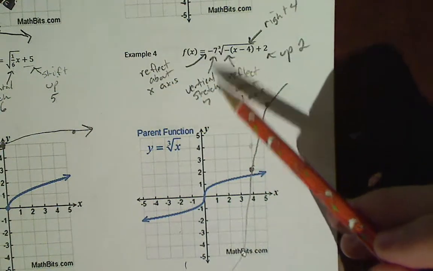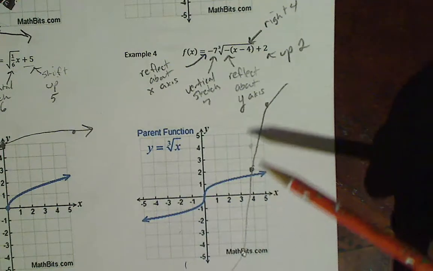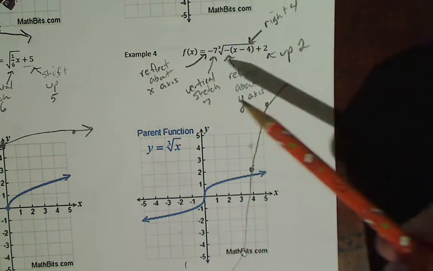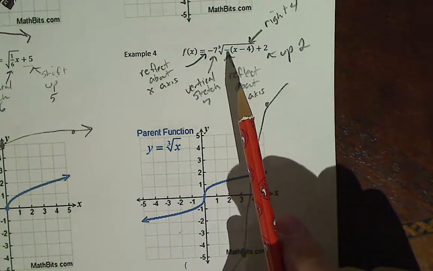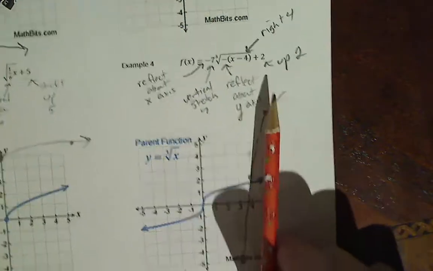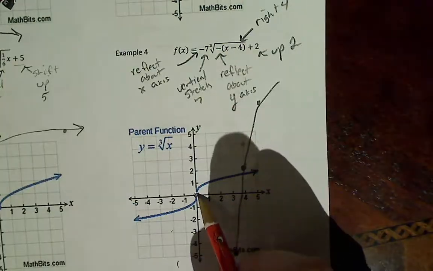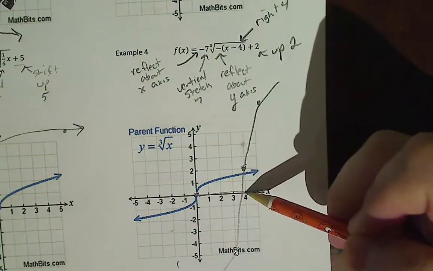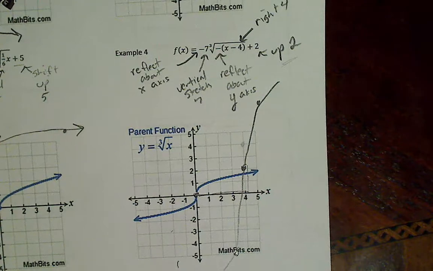You have this 7, which is a vertical stretch of 7, which is what causes it to look the way it looks right now with this big old stretch like this. This negative on the inside now is a reflection about the y-axis. Then you have this 4, which is a shift right of 4, and you can tell that because if you're going from this pivot point to this pivot point, you have to go 4 to the right, and then you have to actually go up 2. So the last one you should have is up 2 that way.